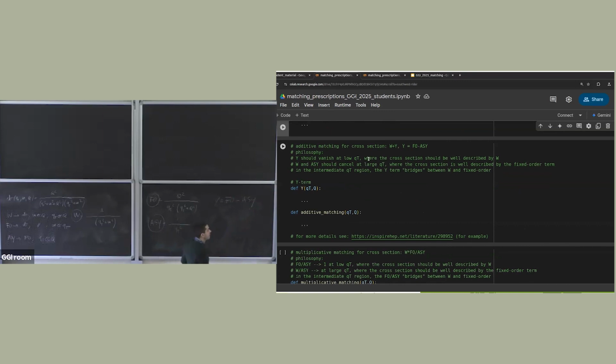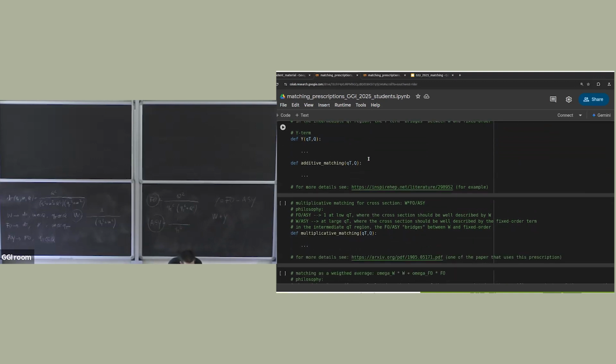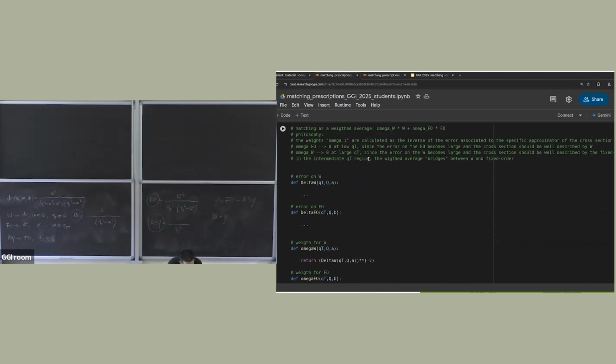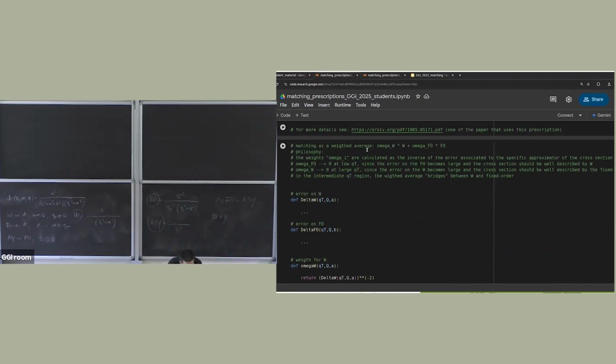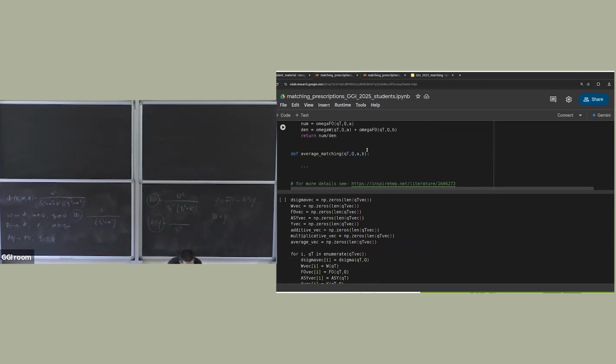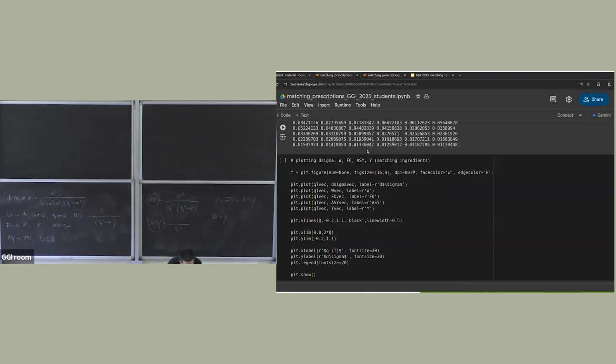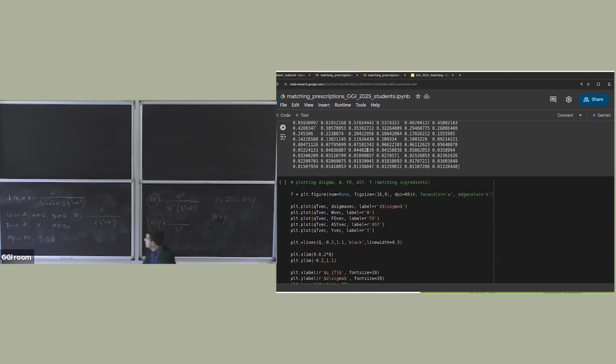Then you can define the additive matching as W plus Y. You can forget for the moment about the multiplicative matching and the other one, which is the matching as a weighted average. I would suggest you define the additive matching and then compare the sigma and W plus Y. You should be able to make a plot of the full cross section and the additive matching procedure and see what happens.